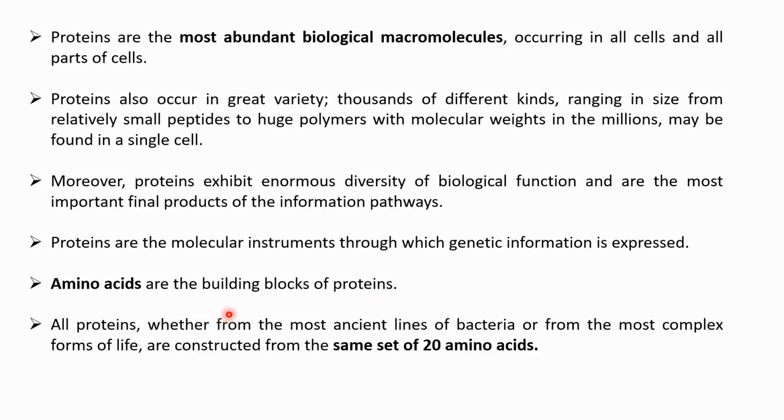Whether we isolate a protein from the ancient lines of bacteria, the archaebacteria, or from the most complex forms of life, we will find that all of these proteins are made up of similar sets of 20 amino acids. There are more than 20 types of amino acids, but these 20 are the ones present universally in all proteins.